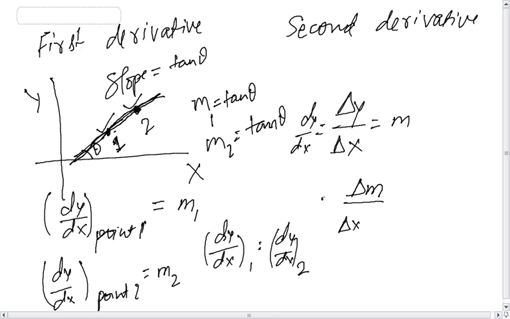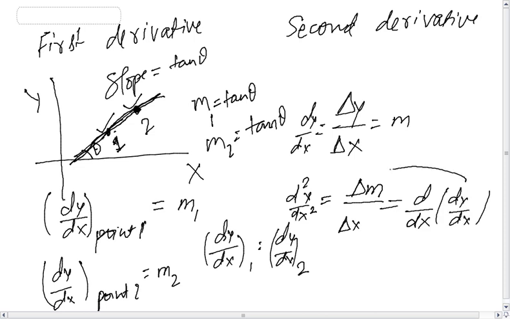This derivative is called d2y by dx2, and this is because we are calculating the derivative with respect to x of dy by dx. That's why this is written like this. This is just the notation.